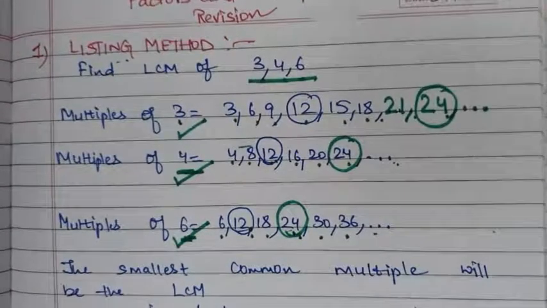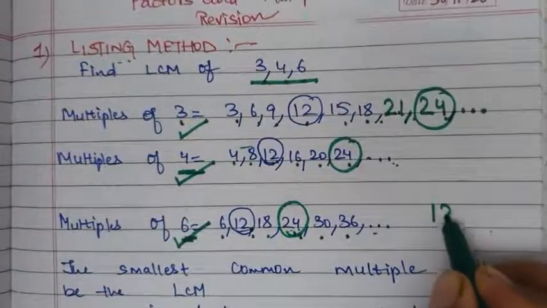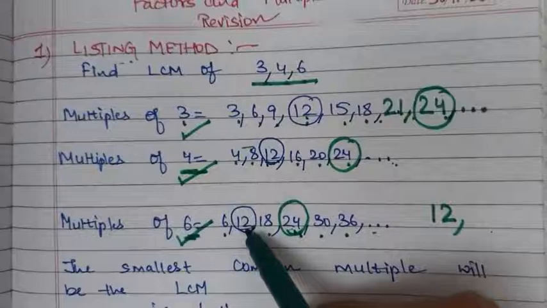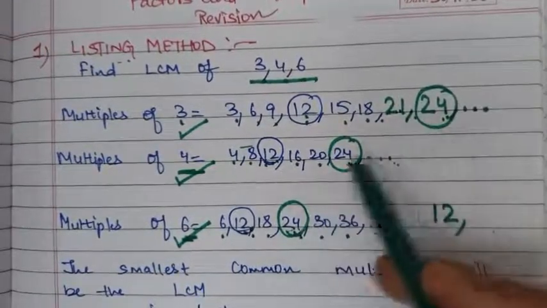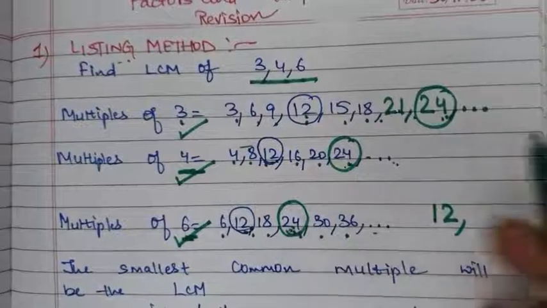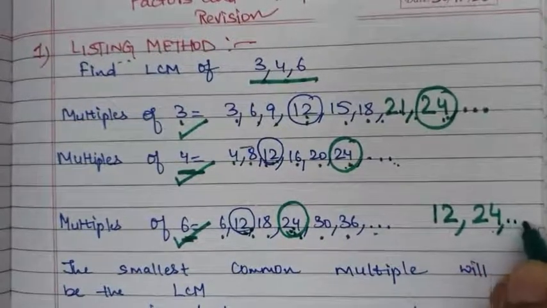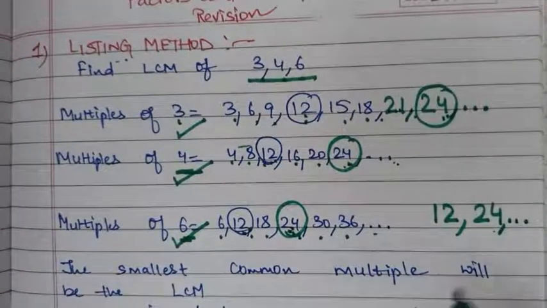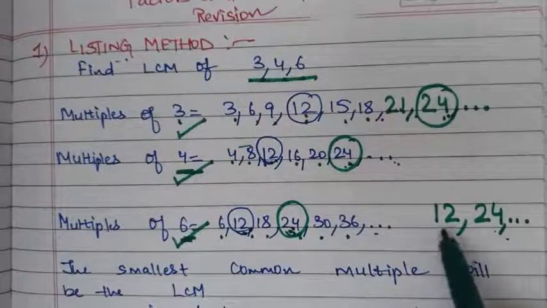Now I am writing two common multiples. First is 12. 12 is here, here and here also. Similarly 24 is also present in all 3 of them. There are so many common multiples also. Now which is the smallest common multiple?